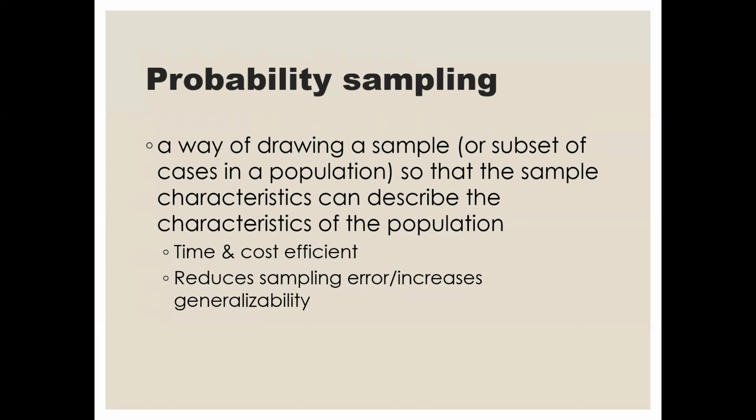And then again, recap, but probability-based sampling is a way of drawing a sample, right? A subset of the population, so that the sample characteristics reflect the population. Again, if the sample is representative of the population, you can generalize from the sample to the population.